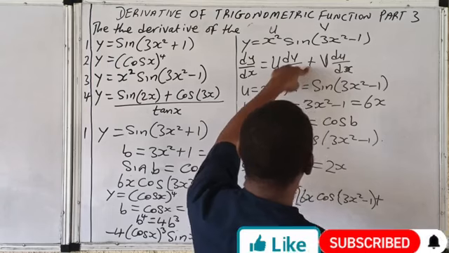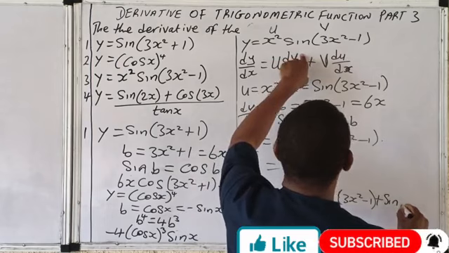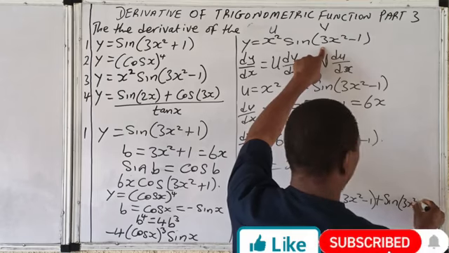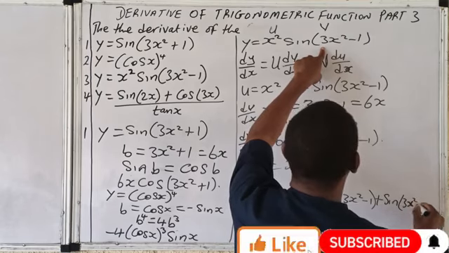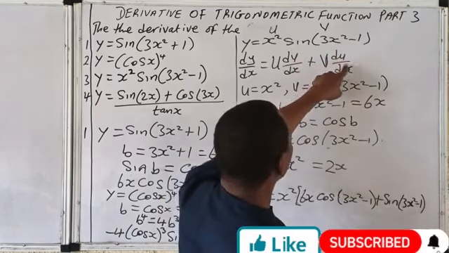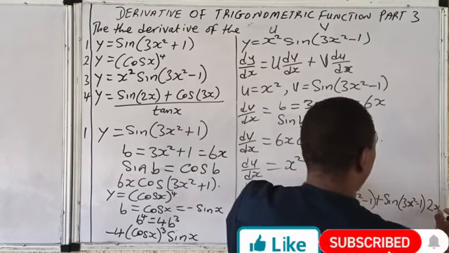What is v? This is v, sine 3x squared minus 1. Then when you differentiated du/dx, what did you get? You got 2x.